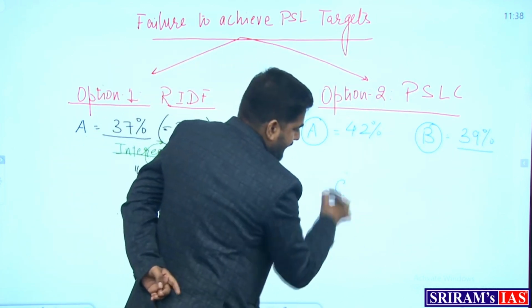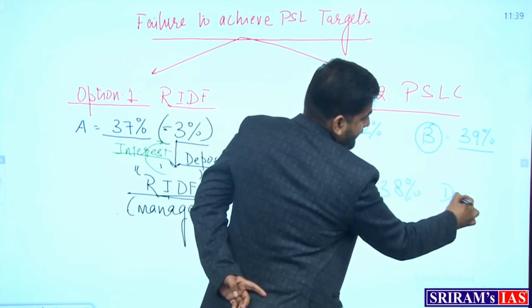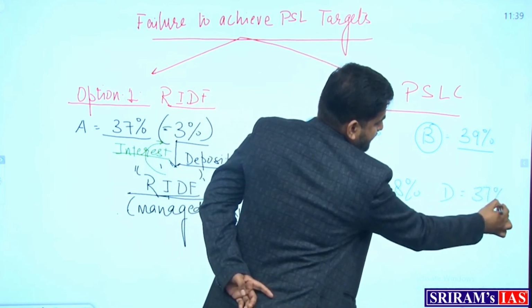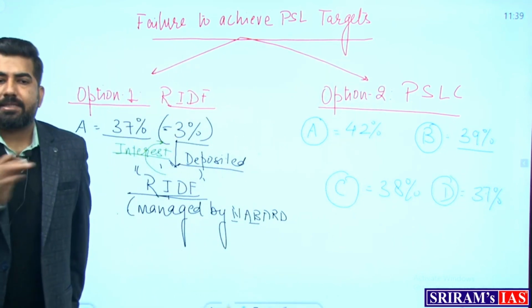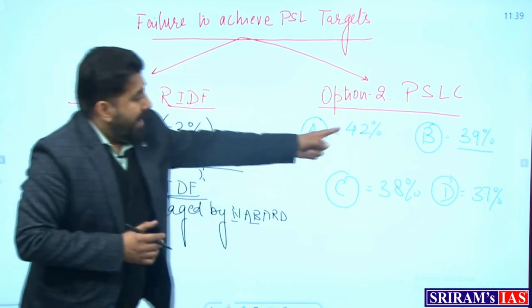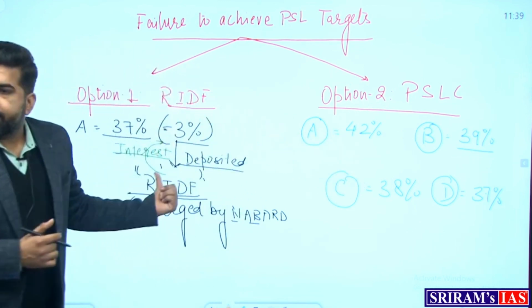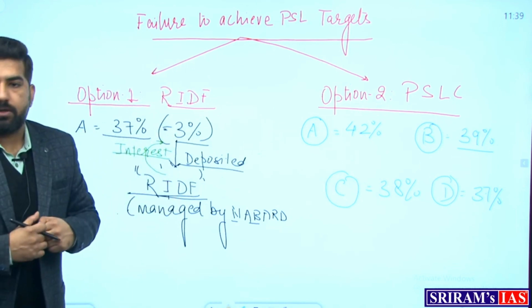There is a bank C, 38%. Bank D, 37%. Okay? So which bank has complied with the PSL norms as of now? A. Now banks B, C and D can avail option 1. There is no doubt about it. But they are waiting for option 2 also.